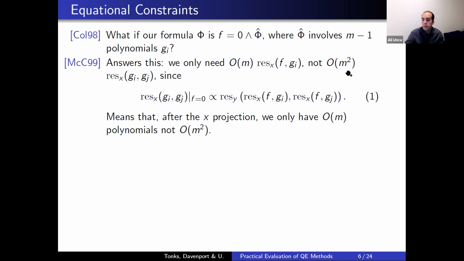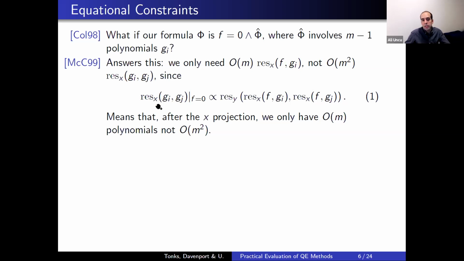So from a complexity point of view, instead of having big O of m squared complexity, if you have an equational constraint, you can just have big O of m complexity. And that is because instead of having all the resultants between your function f and all the other g, you can just think of it this way.